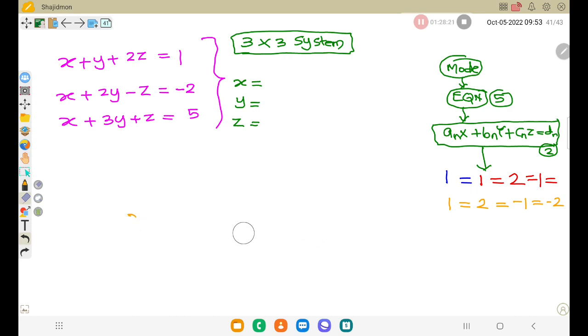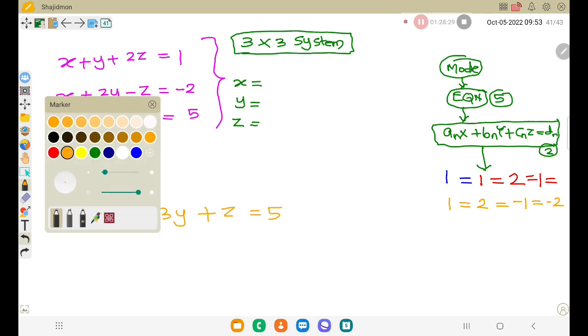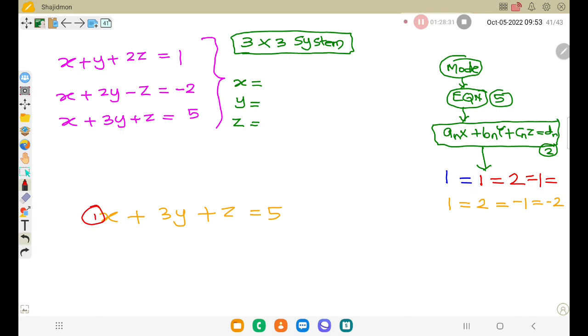Same way with the third equation: x + 3y + z = 5. What is the number behind x? You can think 1. So press 1, equal to. After that, the number behind y is 3. Press equal to. After that, the number behind z is 1. Press equals. After that, right side number 5.